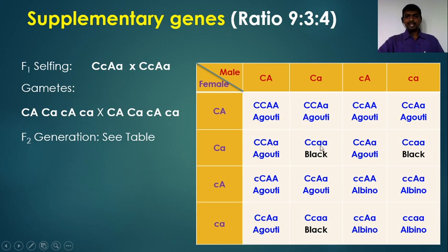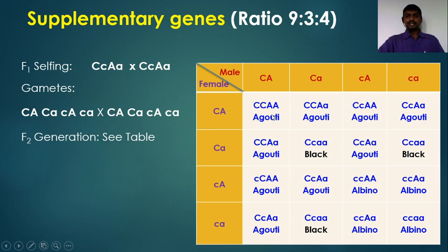Because this A gene is recessive and this C gene is dominant, this C gene gets expressed, and it produces the black coat color of the mice. This albino color occurs because of the recessive allele small c, which masks the phenotypic expression of the A gene. The phenotypic expression of the A gene occurs only when it occurs along with the other dominant gene, capital C.